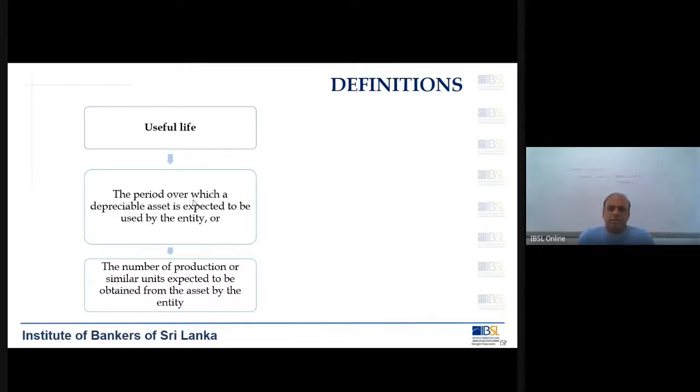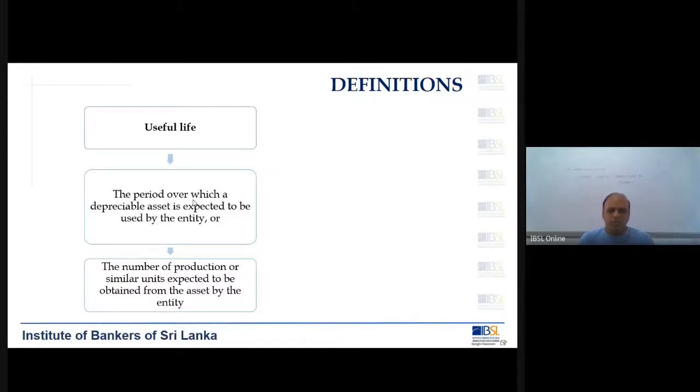Sometimes a machine can go wrong within 6 months down the line. Or sometimes a machine could go for even 3-4 years without any problem. So those situations have to be handled in a different manner. How do we handle that? They look at the number of production or similar units. Those machines will have a tagline to say that this machine can produce 500,000 units up to a certain point without any problem.